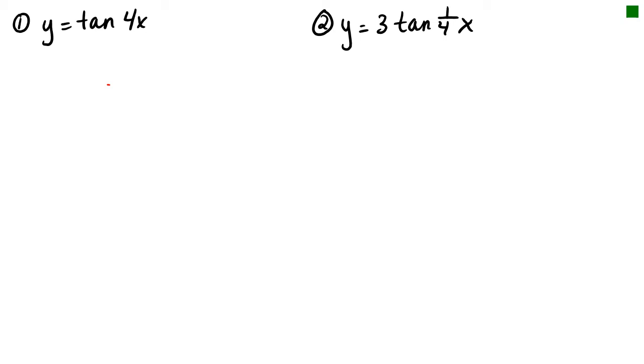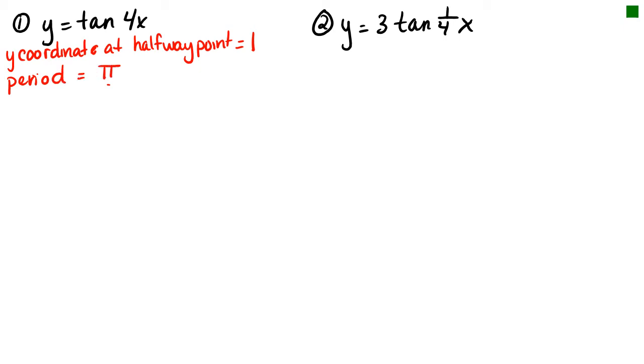So the y-coordinate at the halfway point is A. In this case, A is 1 because there's no number here. Like in number 2, A would be 3. My period is going to be pi divided by b, which is pi over 4.